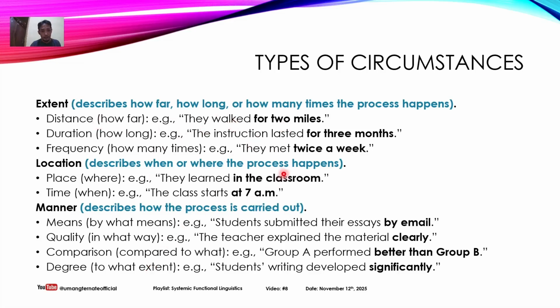In these examples, the boldface parts are the circumstances. The first one is the circumstance of extent, which functions to describe how far, how long, or how many times the process happens. Distance deals with how far. For example, they walked for 2 miles. Here, for 2 miles is the circumstance of extent, in this case distance.